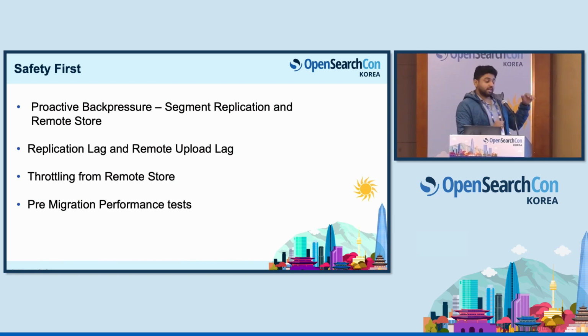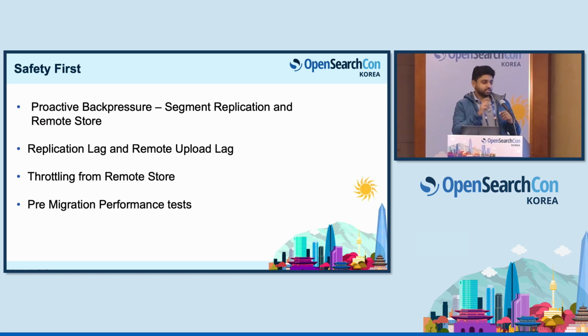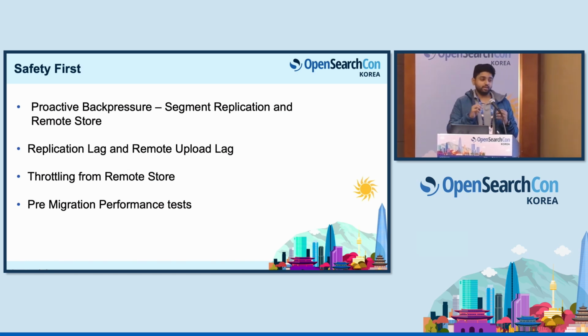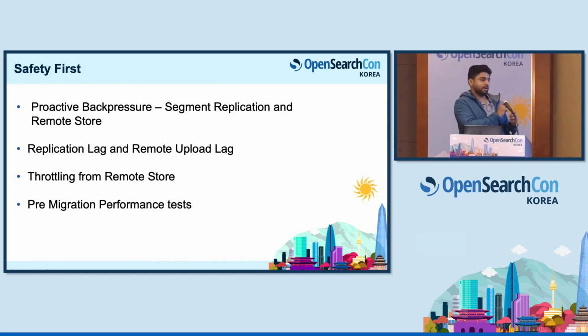Replication lag directly indicates how far behind your replicas are lagging from the primaries, because of the round trip that we are doing: we first upload, then we download on the replicas. Remote upload lag is basically the lag between your primaries generating new segments during refreshes and uploading them to remote store. So the lag between that time.